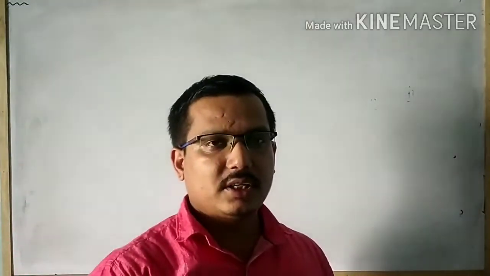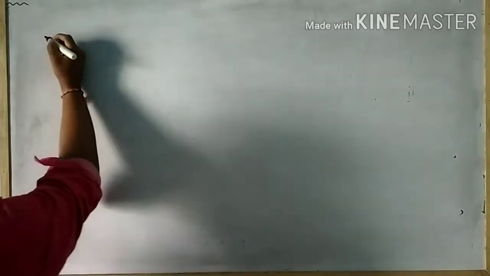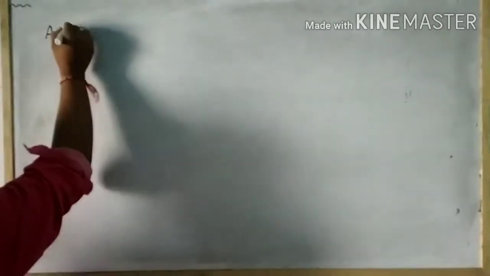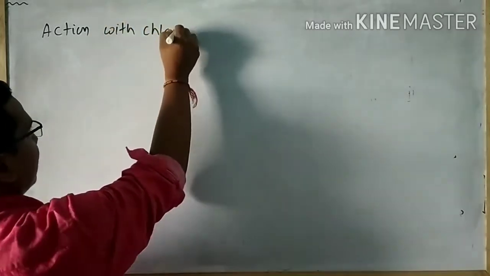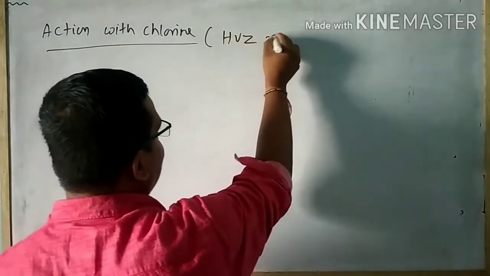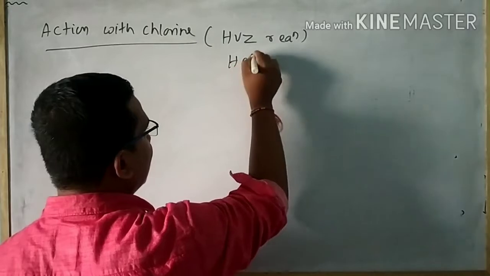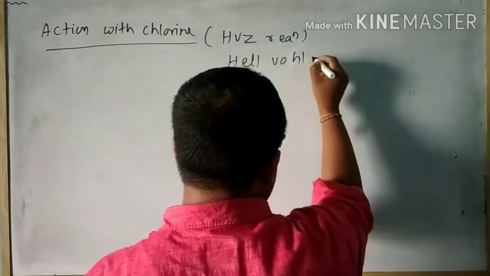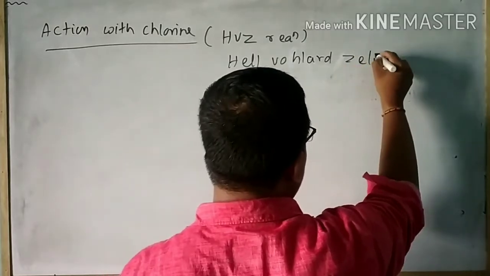Now I will discuss the action of chlorine with the carboxylic acid. So we can write action with the chlorine. This reaction is popularly known as HVZ reaction. H means Hell, V means Volhard, Z means Zelinsky.